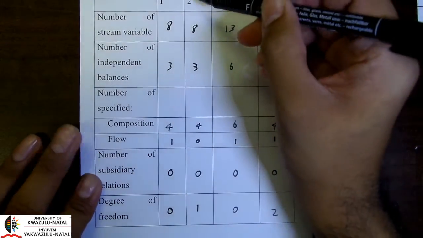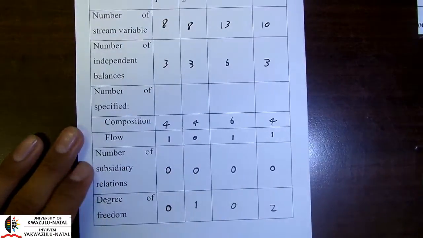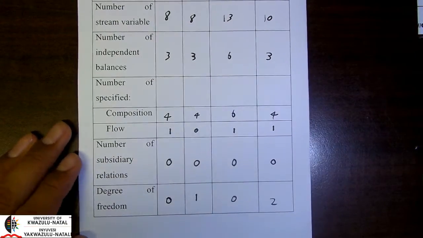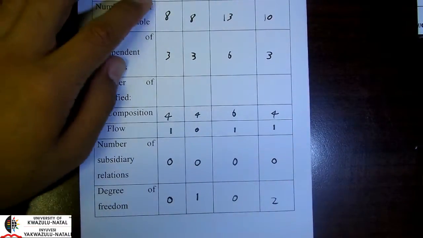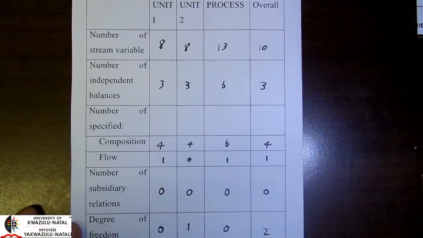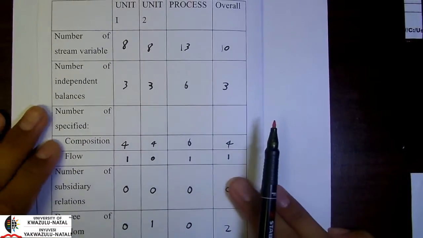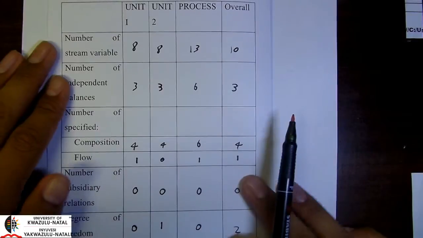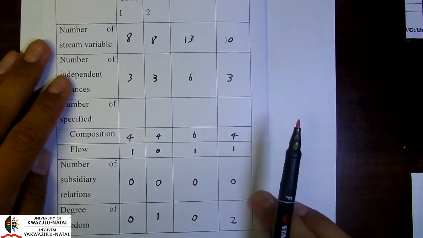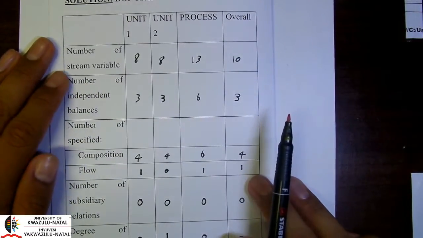But can we solve these units once we have finished solving for unit 1? That's something worth checking out. So let's continue with the balance for unit 1. Just a quick note before we begin writing out our balances for unit 1. Note that the process degree of freedom is 0, which means that we could also solve the entire process.